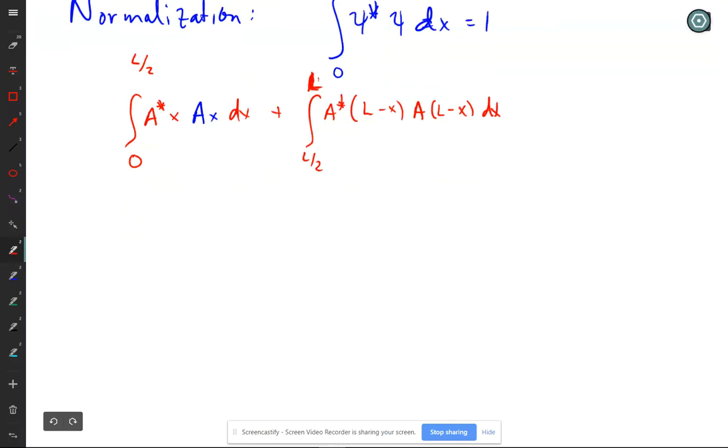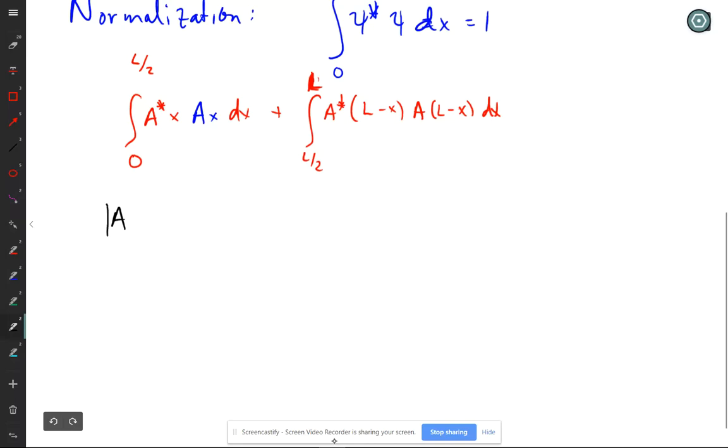So I have these 2 integrals, or if you prefer, we can make them more integrals. I am going to write these as simplified as I can.